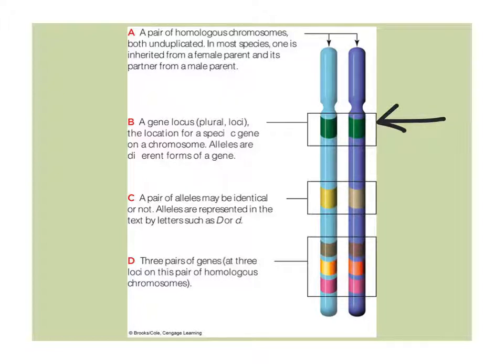So that could be, I'm just making this up, big G, big G. Okay? These look different. I don't know what they are coding for. It's a good guess, but they are a different color. So this might be big D, little d. And then these are just three more pairs of genes that are closer together down below.